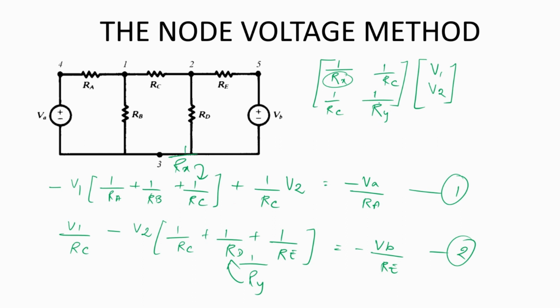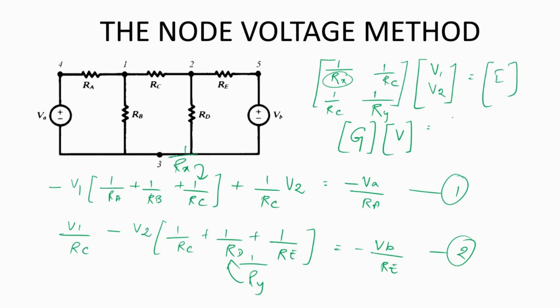So what I am getting is the reciprocal of resistance, which is nothing but conductance, and I'm going to replace it with this variable G. And here I have V. Of course, V by R is going to be nothing but I.